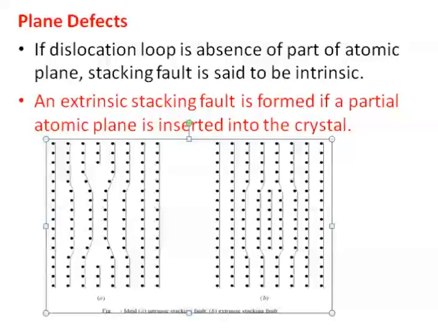We assume it has been taken from elsewhere and inserted into the middle. For this we call it extrinsic stacking, because we assume a plane of atoms is inserted. But the first one we call intrinsic, because something has been taken away from the interior to the outside of the structure.